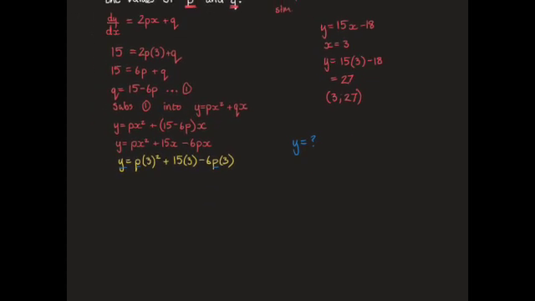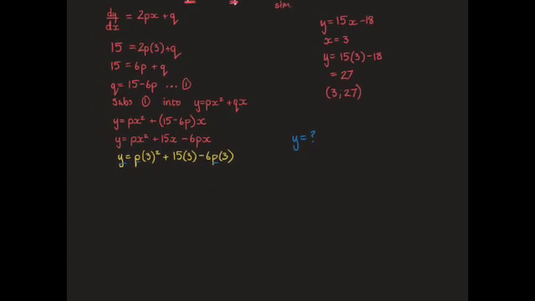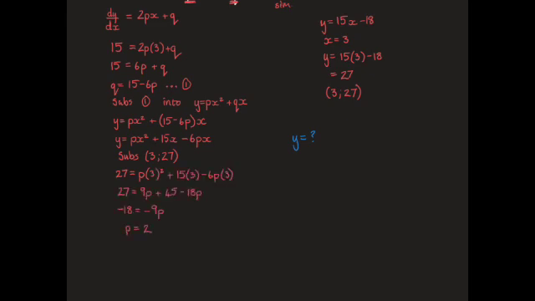So coming back down to this over here, I'm going to erase what we did previously, and I'm going to tell the marker that I'm substituting the point 3 and 27 into this equation so that I can then solve for p. And that gives me an answer of p is equal to 2.